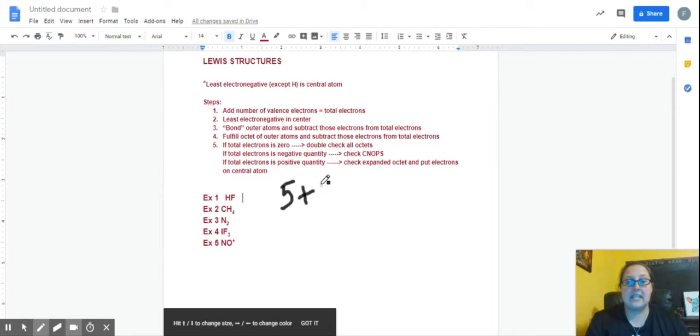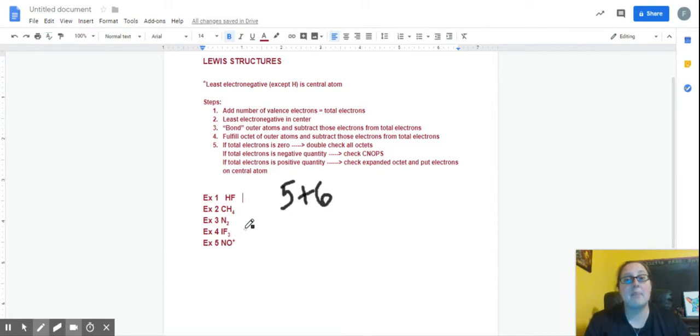Oxygen is 6 electrons. And because that is a plus sign, I'm going to subtract 1 from the math. The minus 1 means that out of those electrons, he has lost 1 electron. So now my total electrons is 10, and then I go with the rest of my steps.